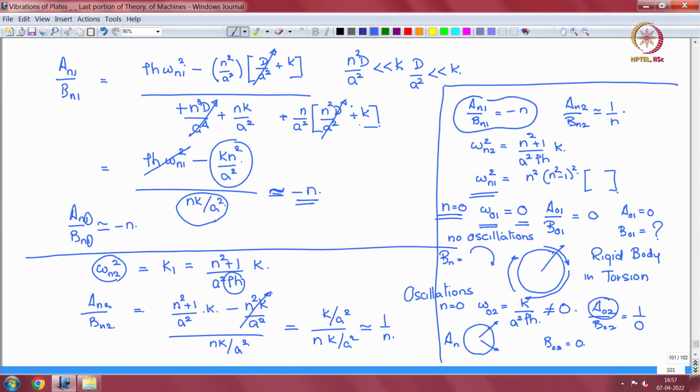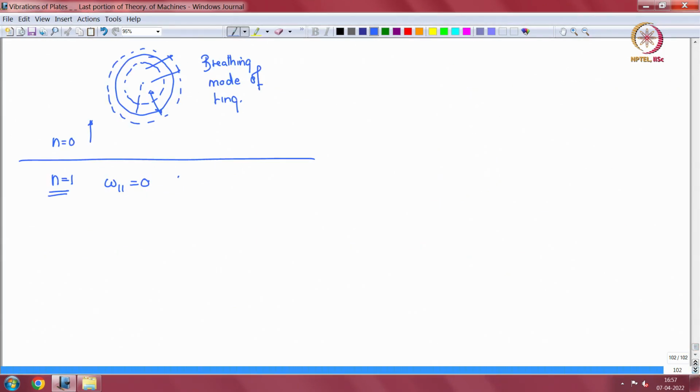It is minus 1. So a 11 by b 11 is equal to minus 1. That means if my u3 1 is equal to a cos n theta, then u theta 1 is minus a sin n theta.